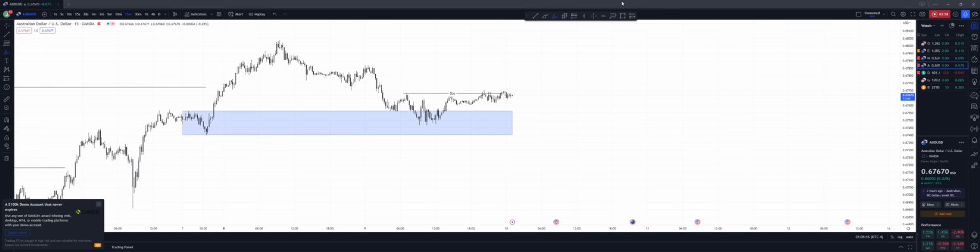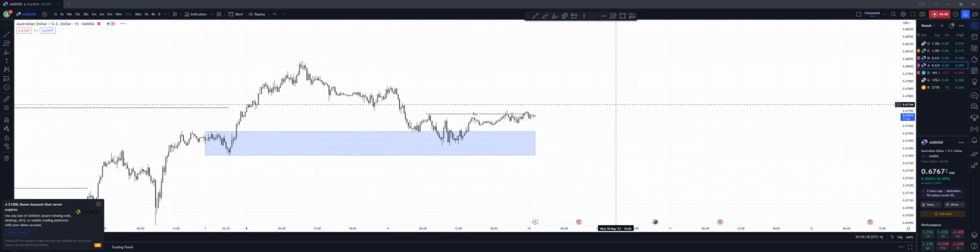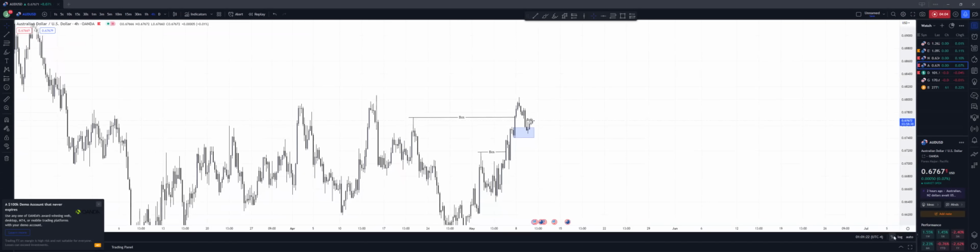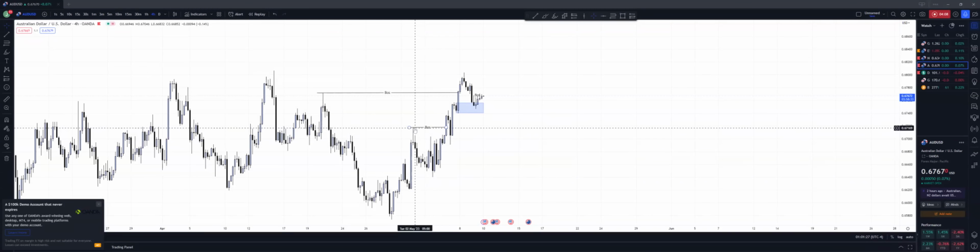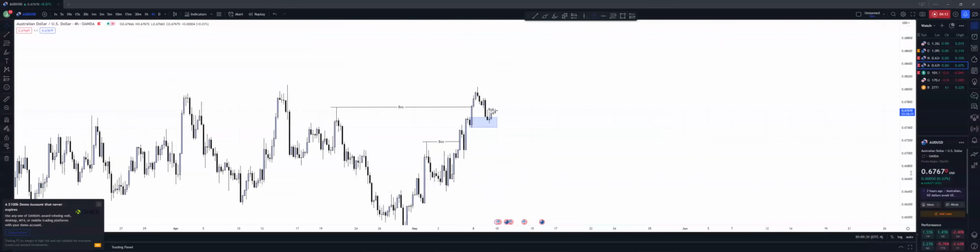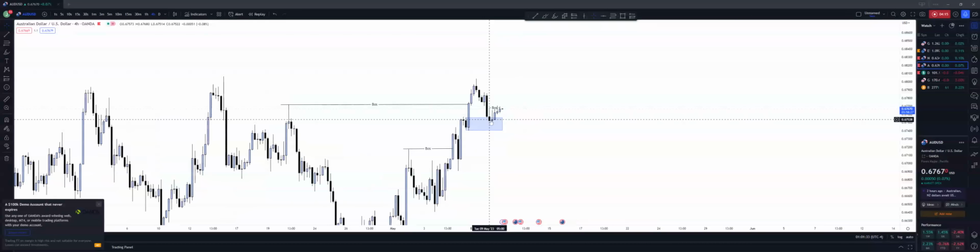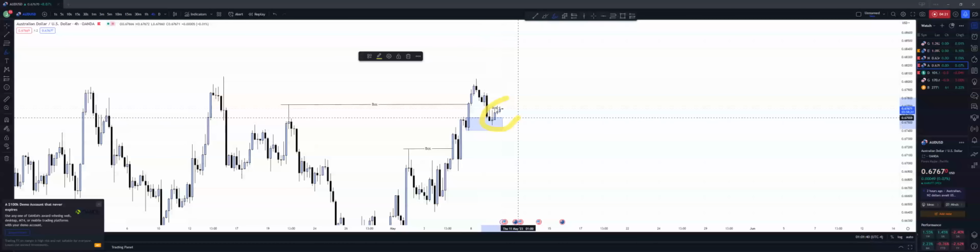For the Australian dollar though, I was analyzing 4 hours at the moment. I just started analyzing it, and I saw how price had given me a break of structure internally and externally, followed by price mitigating a demand zone of 4 hours, and now we're in the impulsive stage.